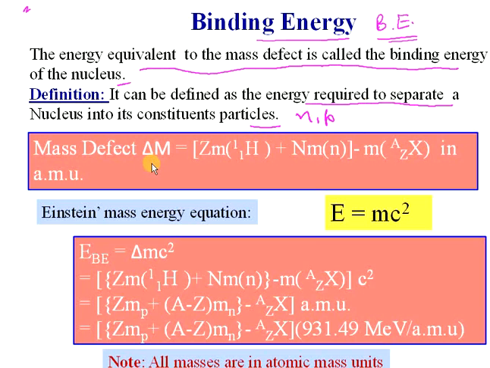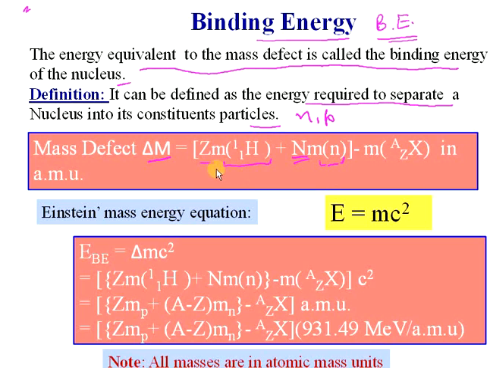Right. The mass defect you have seen: Z is the proton number, times the mass of one proton, plus the neutron number times the mass of the neutron, in atomic mass unit.